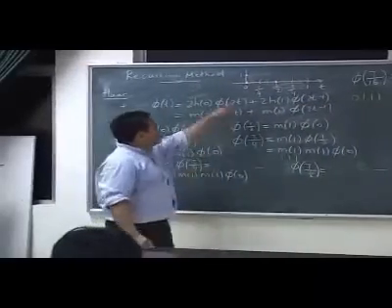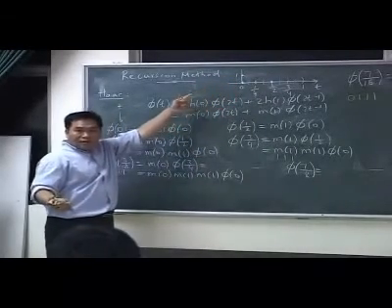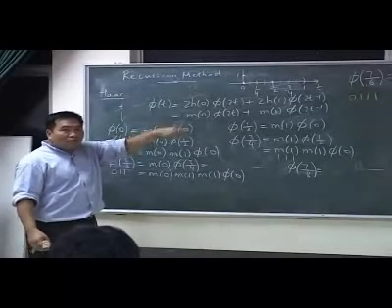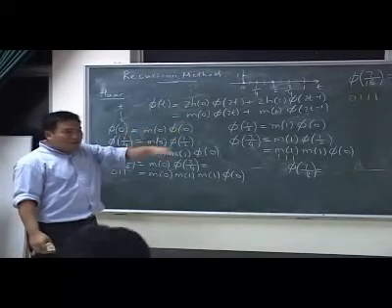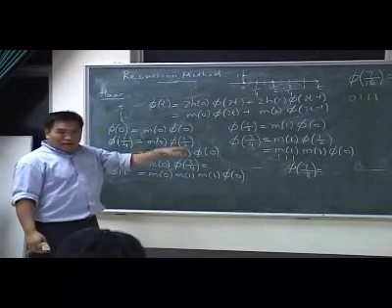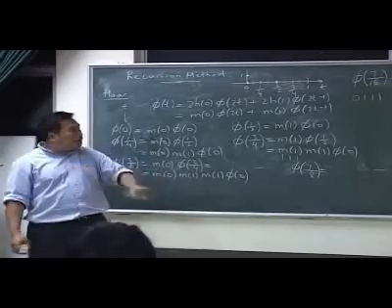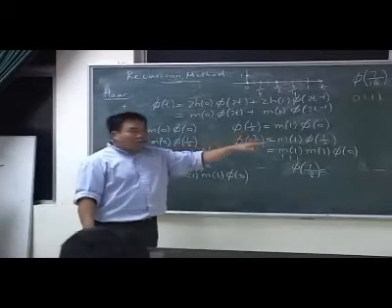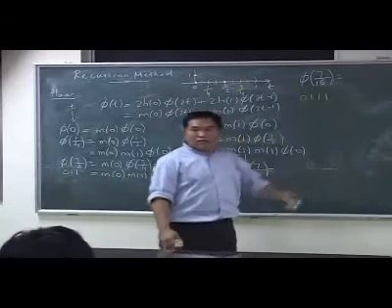You start out with phi of 0 is 1. That's your initial condition. And you go stage by stage. The first resolution is 1/2 resolution. Next one is 1/4, 1/8, and so on and so forth. It doesn't matter how far you want to go, you know, say 2 to the 10. You know exactly how to compute this.